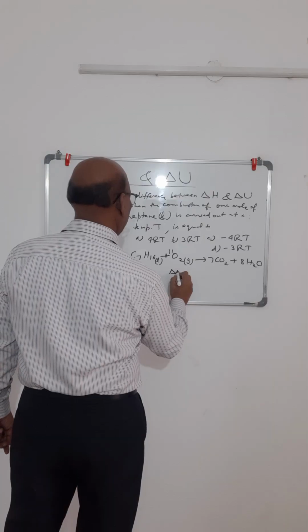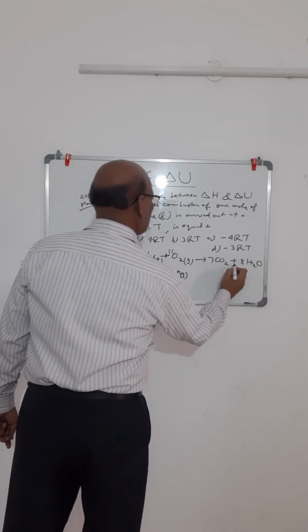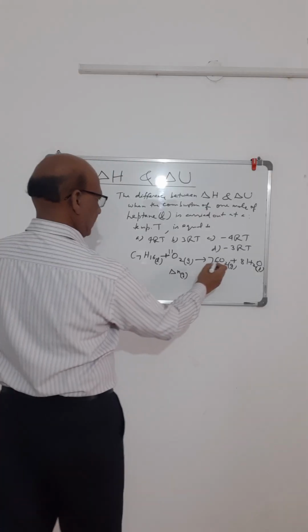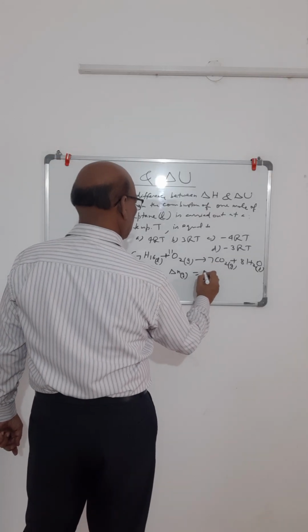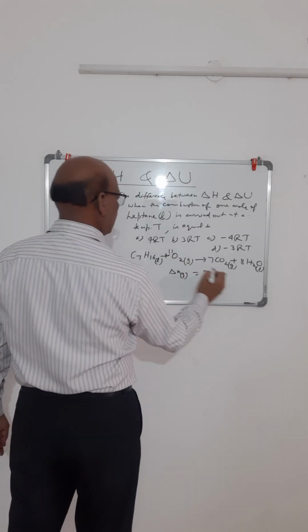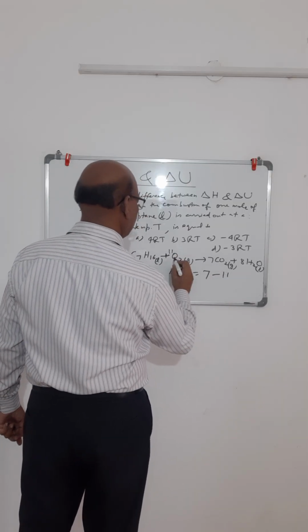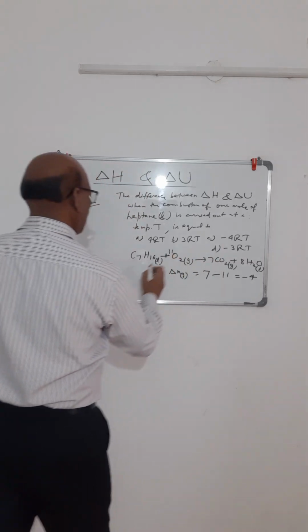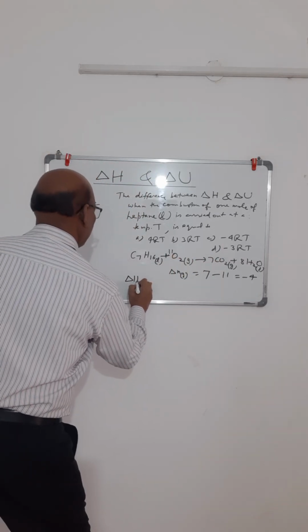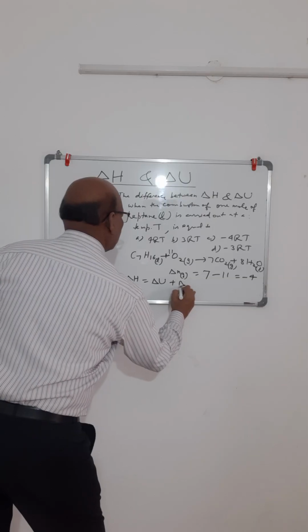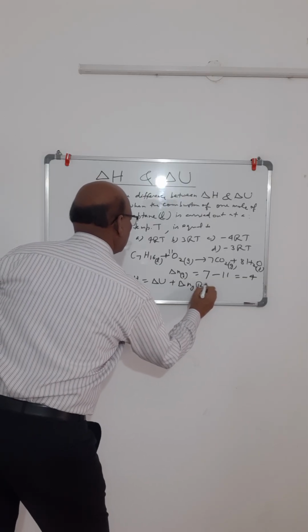So what is delta Ng? CO2 is in gas form, H2O is liquid. So we get the total number of moles of gaseous products, that is 7, minus the number of moles of gaseous reactants, that is 11. So it will be minus 4. Now our equation is delta H equal to delta U plus delta Ng into RT.